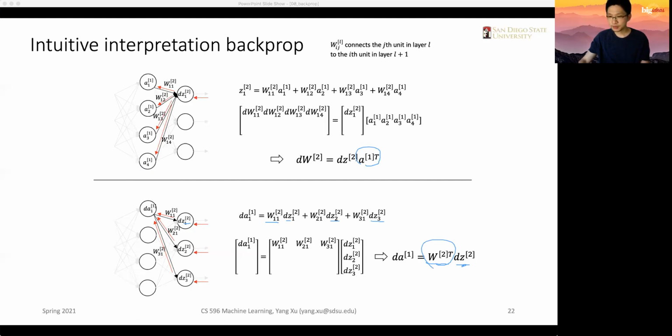I see a question: does every node always need to connect to all the nodes in the next layer?